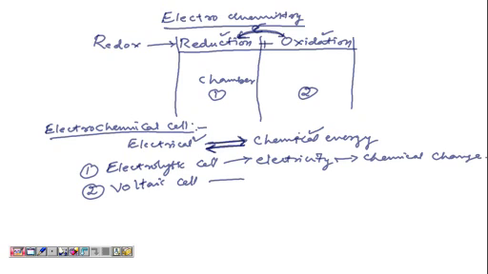But in the voltaic cell, from chemical energy we generate electricity. These two cells, electrolytic cells and voltaic cells, work in opposite directions, and together they constitute the electrochemical cells. The voltaic cell is also called the galvanic cell.